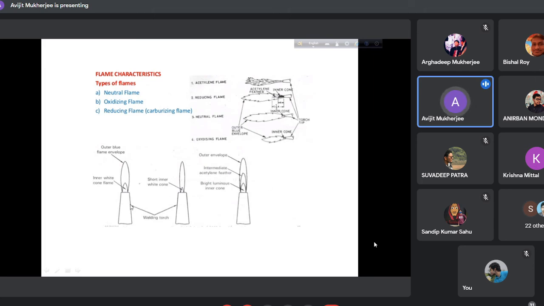And these are the comparative pictures of the various flames. Neutral means when oxygen and acetylene are 1:1. Oxidizing means the oxygen portion is dominating over acetylene. And reducing or carbonizing means the acetylene portion is dominating over oxygen. Obviously, it will be incomplete combustion, so the outer envelope will be somewhat yellowish.